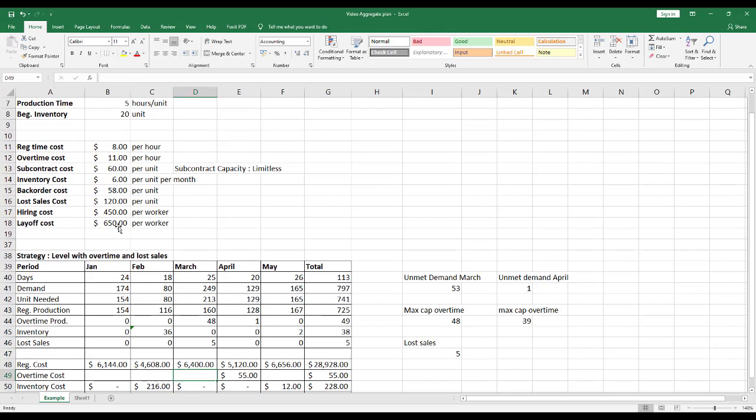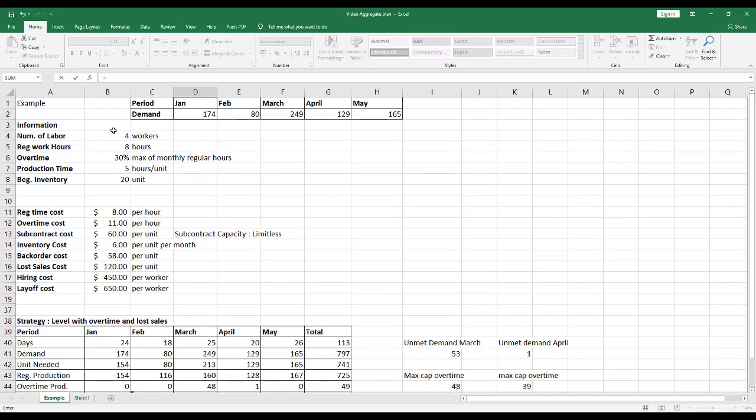But in March, because we use maximum capacity of overtime, so we have to calculate it based on how many workers that is spending their overtime to produce the unit maximally.